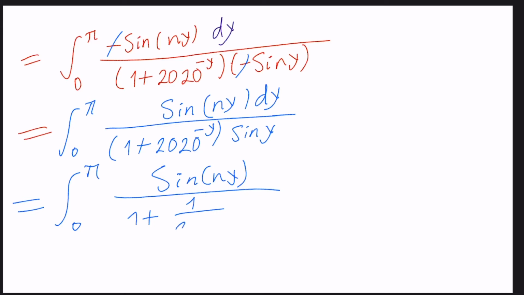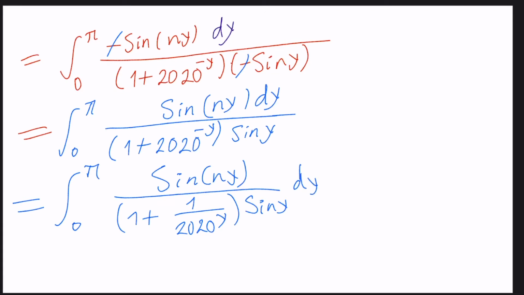Recall some well-known properties of exponentials, and 2020 to the minus y changes to 1 divided by 2020^y, dy.